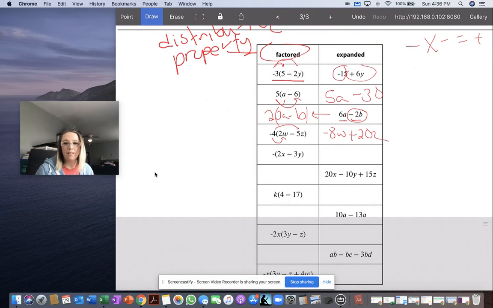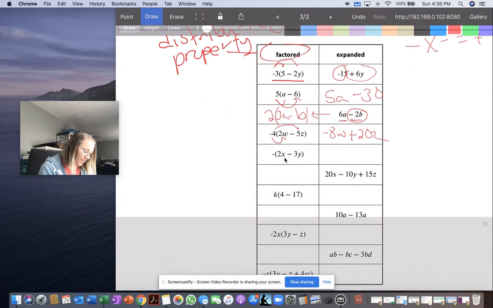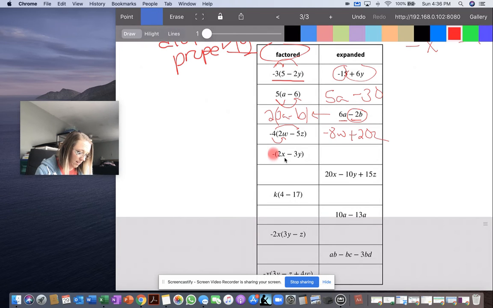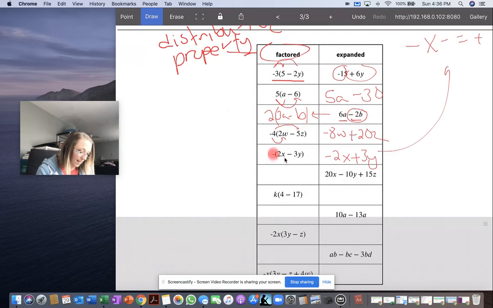This next one looks kind of tricky, but remember that negative out front is super important. So you're going to distribute the negative through to get negative 2x plus 3y, because again, a negative times a negative equals a positive.